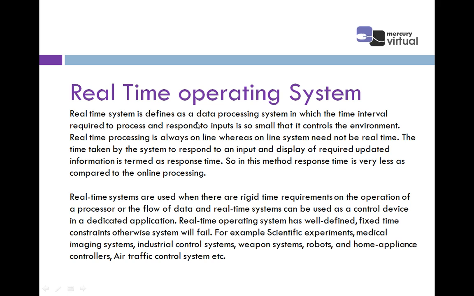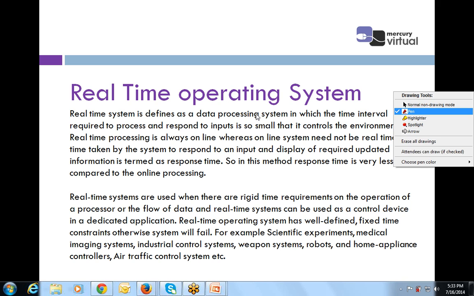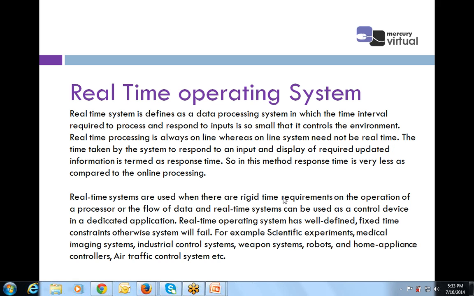A real-time system is defined as a data processing system in which the time interval required to process and respond to input is so small that it controls the environment. It means there is a small time gap between when we are using the system and when we are giving the response.